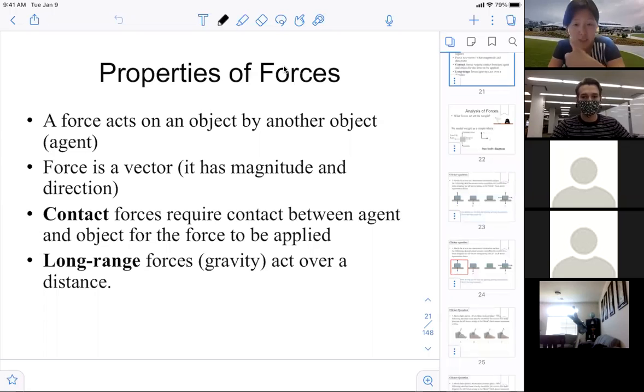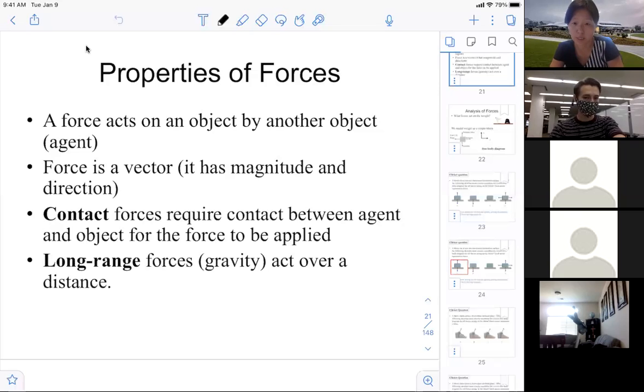Those are gravity, normal force, two kinds of friction, static friction and kinetic friction, force from the spring, and force exerted by a rope, that's tension. So today we will continue to talk about different properties of forces and how we draw a force diagram to help us analyze the problem.